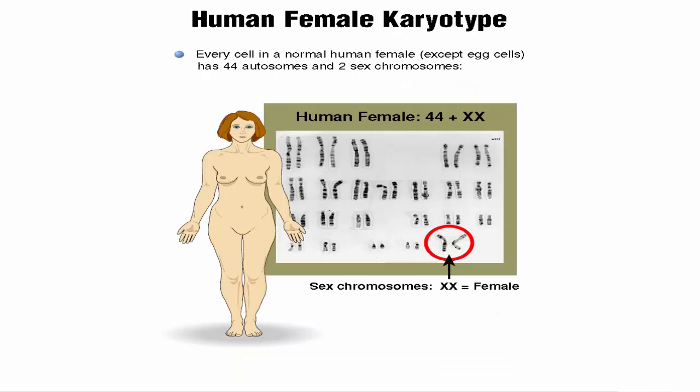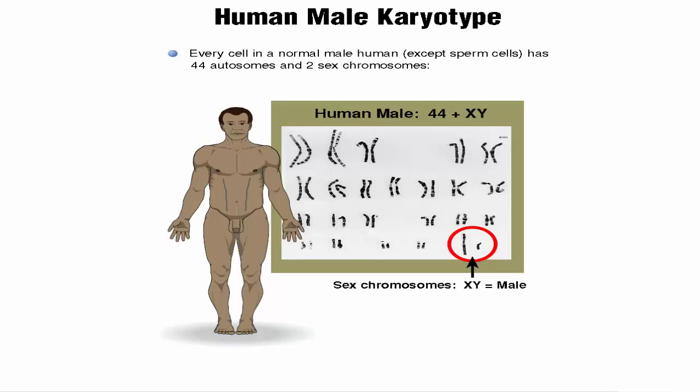Just to quickly look at a human female karyotype, though, every cell in a normal human cell has 46 chromosomes, except egg cells. And of course, the reason for that is egg cells undergo meiosis, so you have half the chromosome number. You have 44 autosomes and 2 sex chromosomes. So these are the 2 X chromosomes in the female. And in the case of the male, we have, again, 44 autosomes, 2 sex chromosomes, 1 X chromosome.